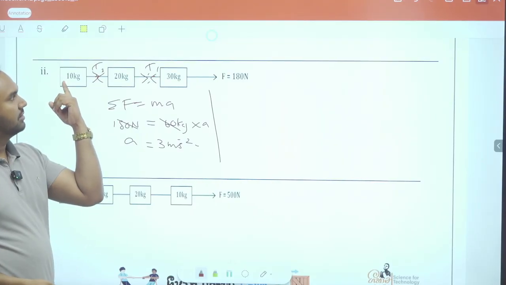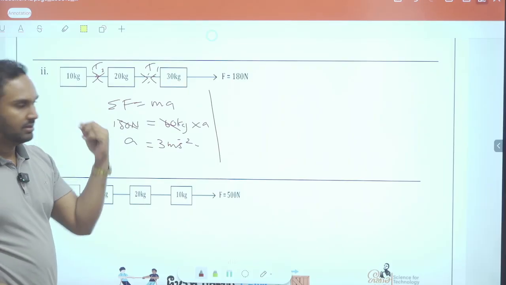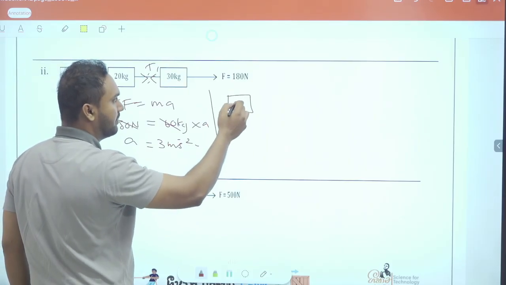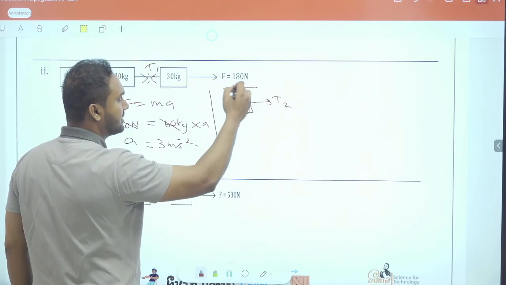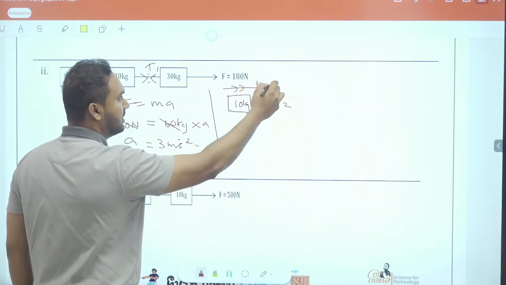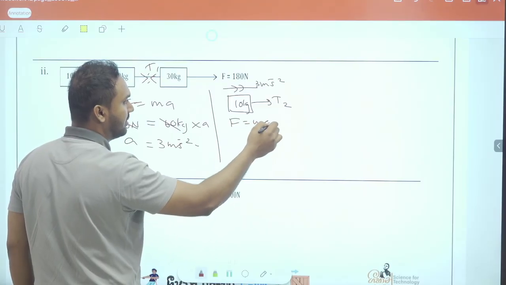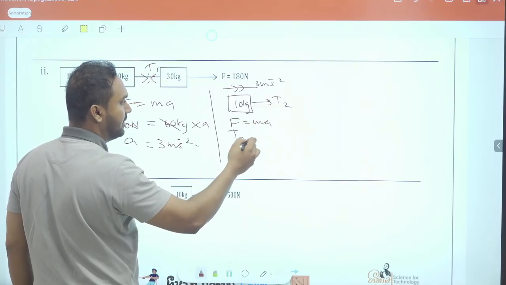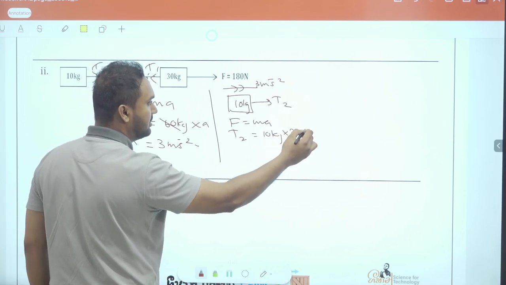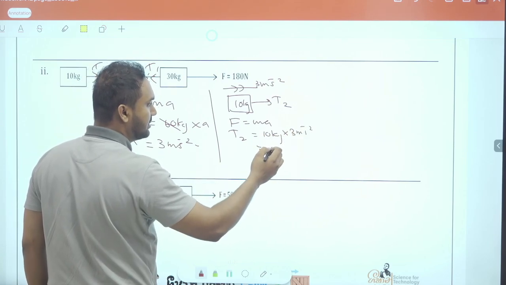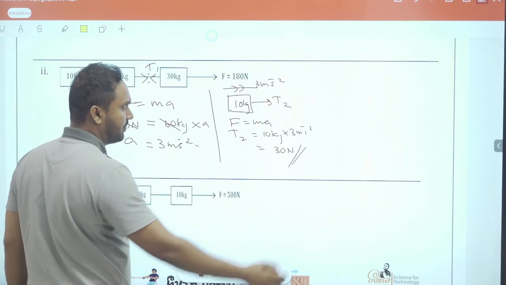To find T2, it's easy to isolate the 10 kilogram mass, which has the tension T2 and acceleration of 3 m/s^2. F equals ma, because there's only one force. F is T2, mass is 10 kilograms, acceleration is 3 m/s^2. So the tension T2 will be 30 newtons, that is correct.